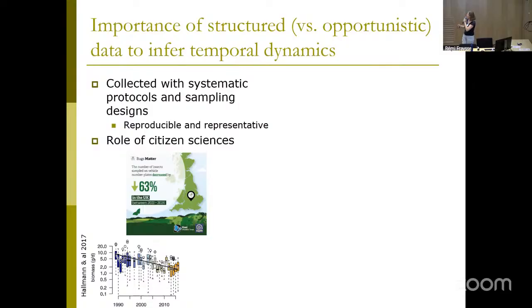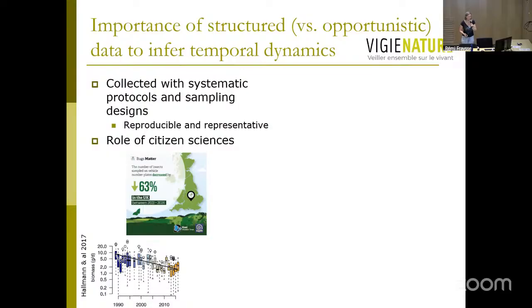And with such an approach, they demonstrated a 63% decrease in the abundance of insects over the past 4 years. And you may have heard also, this is an older publication of this work in Germany, trapping insects and just weighing the biomass that was trapped, showing the same order of magnitude, a 75% decrease in biomass over the past 30 years. These are purely citizen science data.